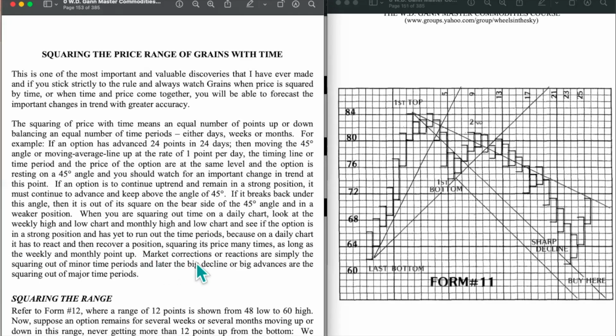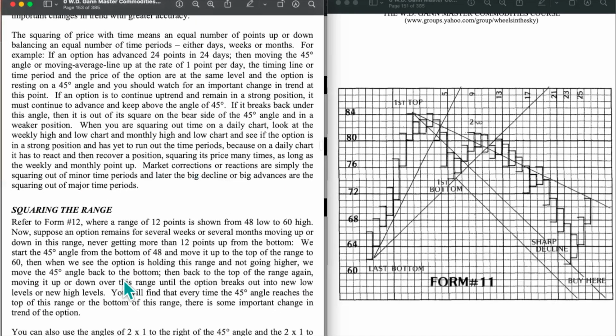Market corrections or reactions are simply the squaring out of minor time periods, and later the time decline or price advance are the squaring out of major time periods.